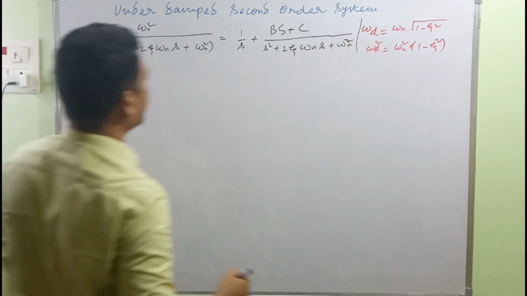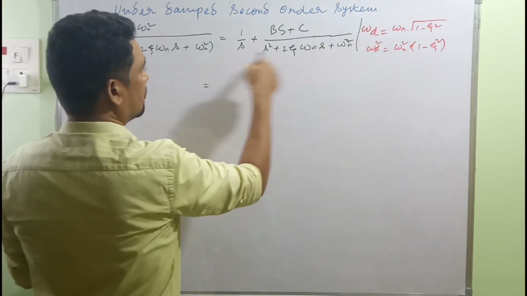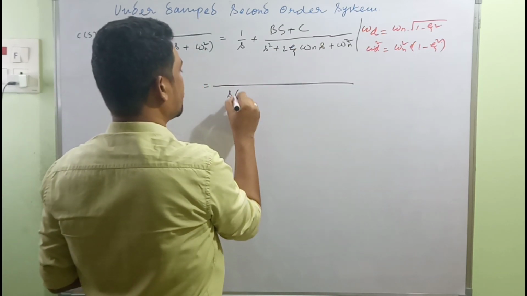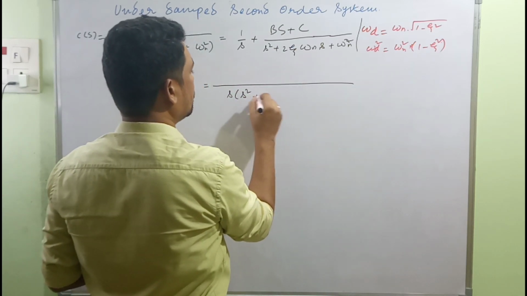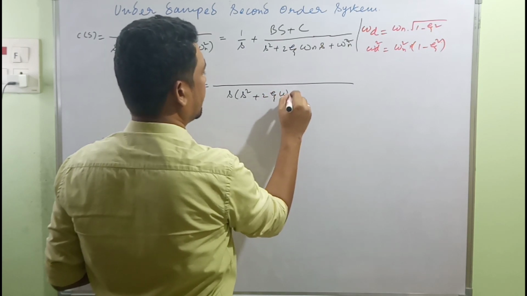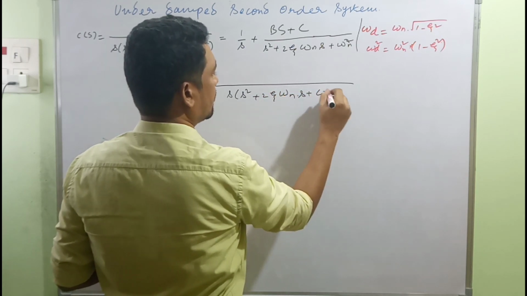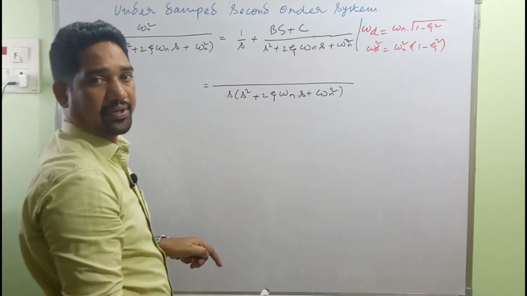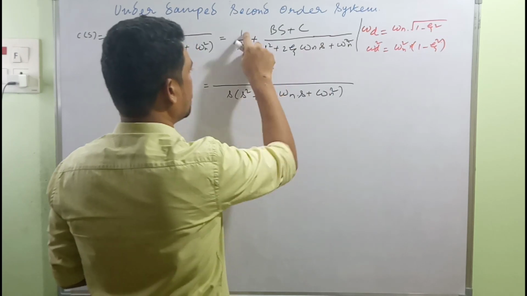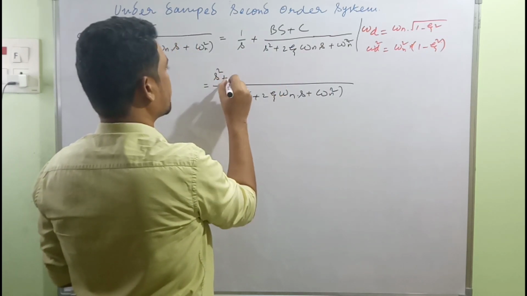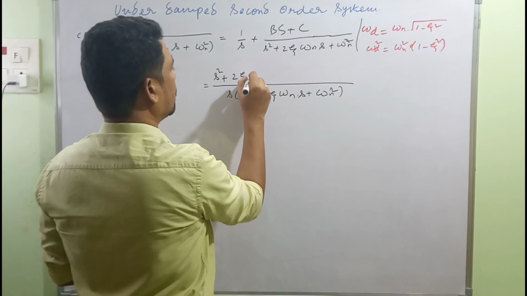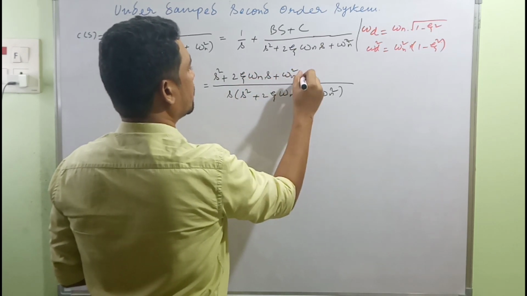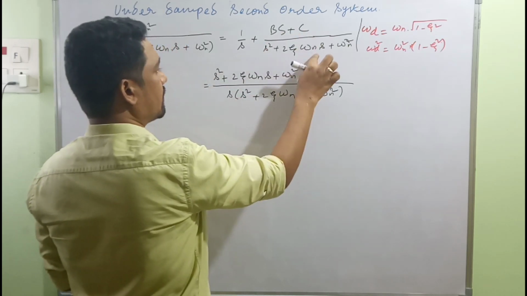Simplifying, this into this, it will be s into s square plus 2 zeta omega n into s plus omega n square, right? And this should be cross multiplied. So this term repeats again for 1, so that's s square plus 2 zeta omega n into s plus omega n square, plus this into this. We are done with this one. This into this.